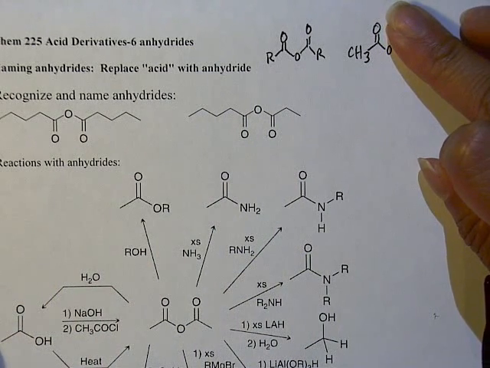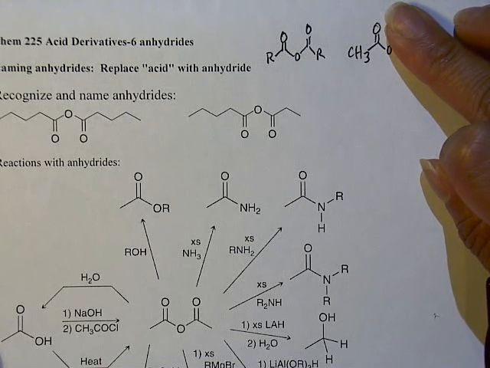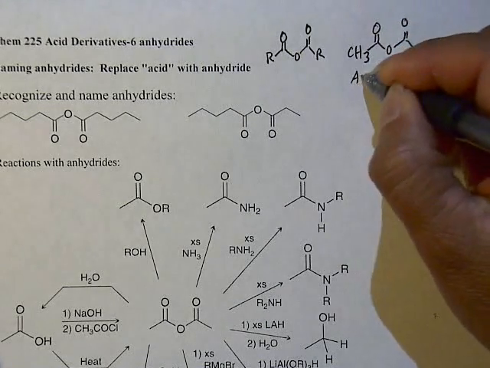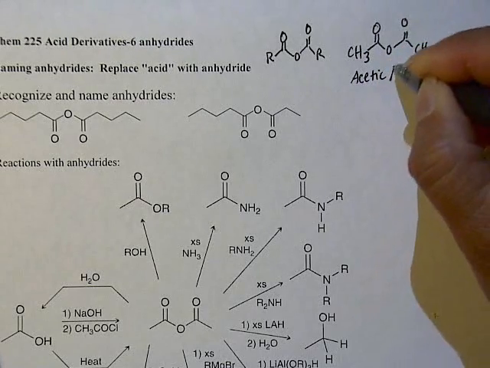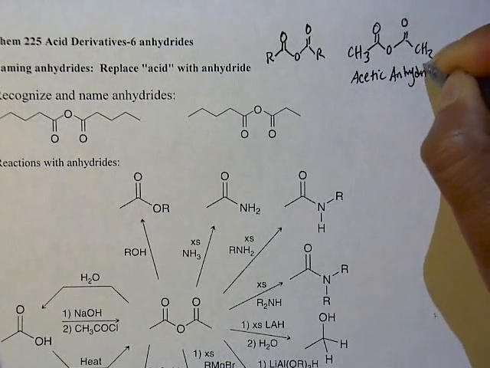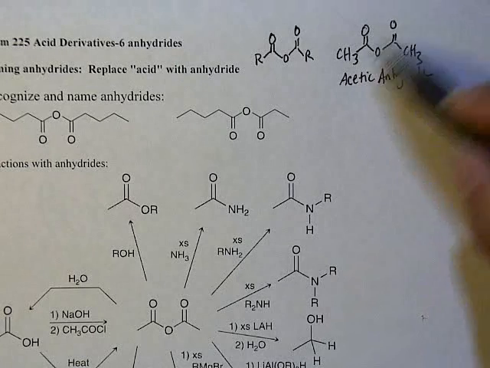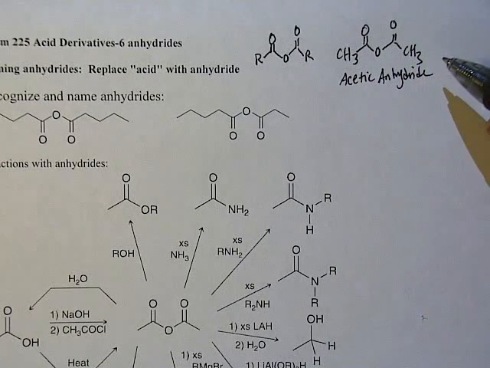If you're following the IUPAC name, you would call that ethanoic acid. So you might call that ethanoic anhydride, or you would use a common name more often for the two carbons. This is acetic acid, the vinegar, so then this is called acetic anhydride, which is a very common reagent, acetic anhydride.